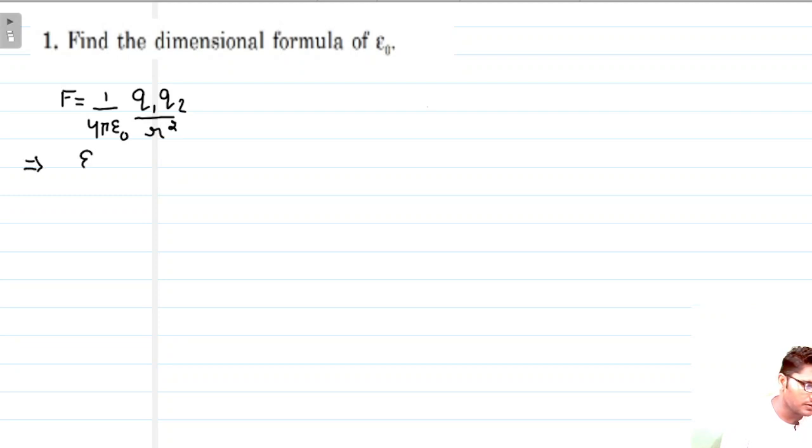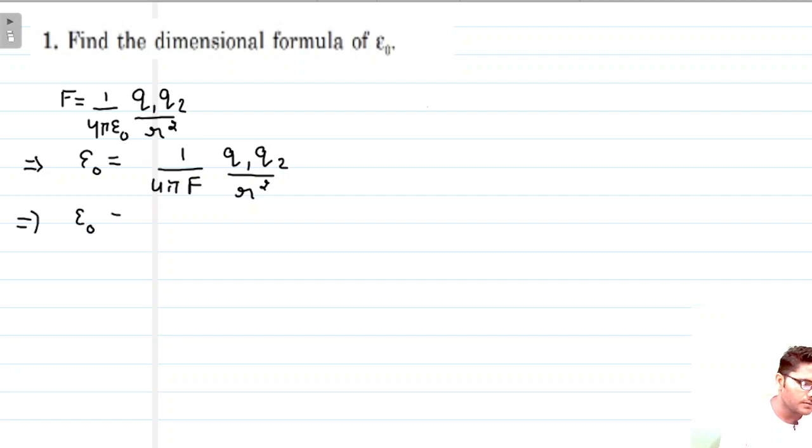So take epsilon naught to the left side and the rest of the quantities to the right side. So F will be here and Q1 Q2 over R square.